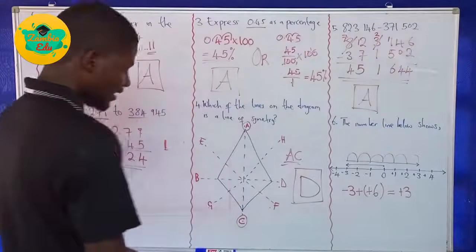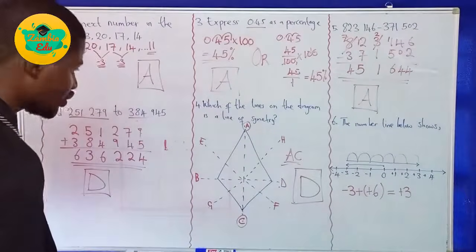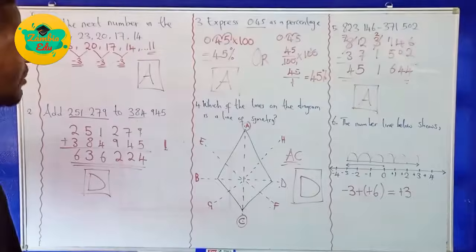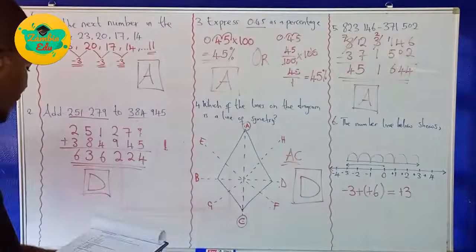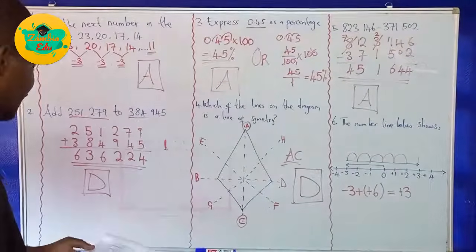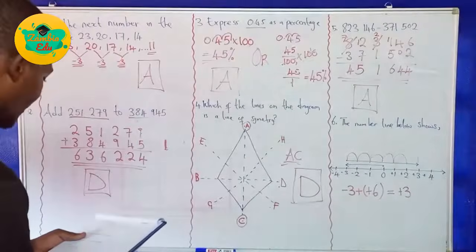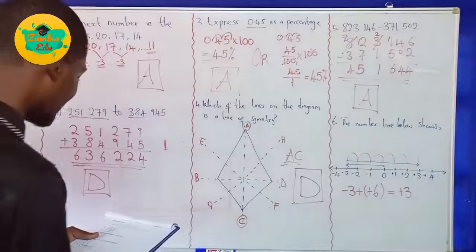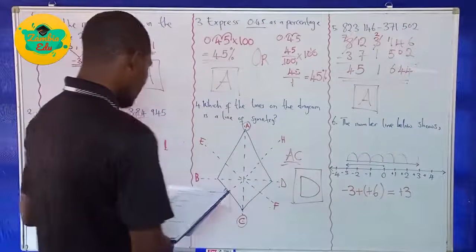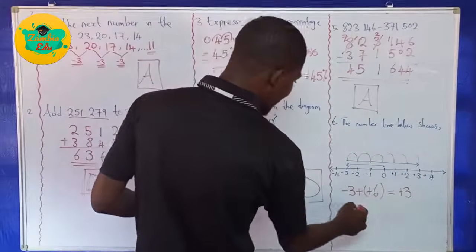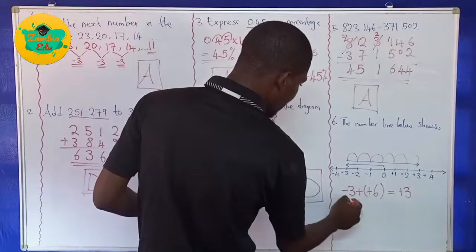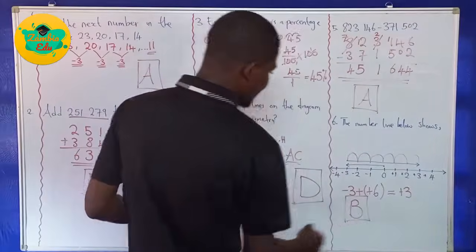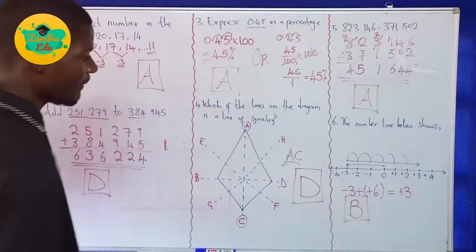So that is what our number line is showing. So are we able to find that on our answers? Yes, we have that on our answer, and that is represented as option B, and so our answer for number 6 was B.